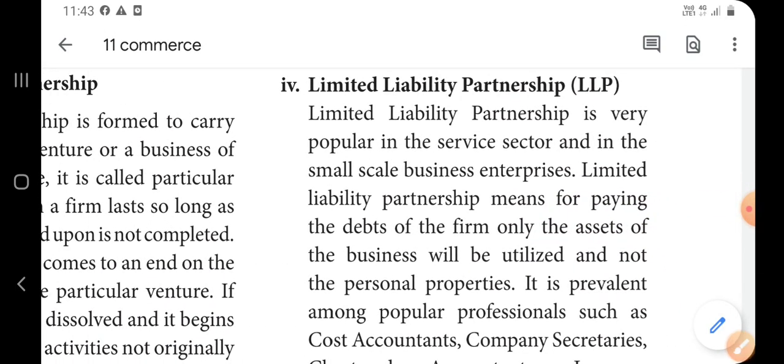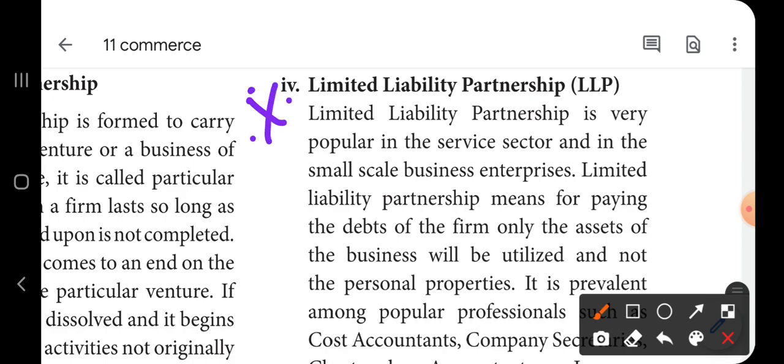Next one is limited liability partnership. So this is a very important 3-mark question. I told you partners' liability is unlimited, joint and several. Unlimited liability means if the business assets are not sufficient to repay the debts of the creditors, the individual partner's personal properties will also be used to repay the debts of the creditors.